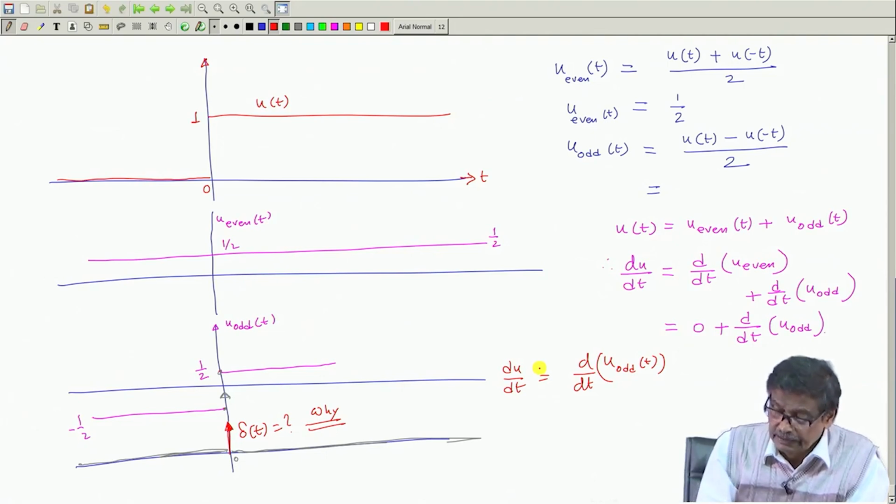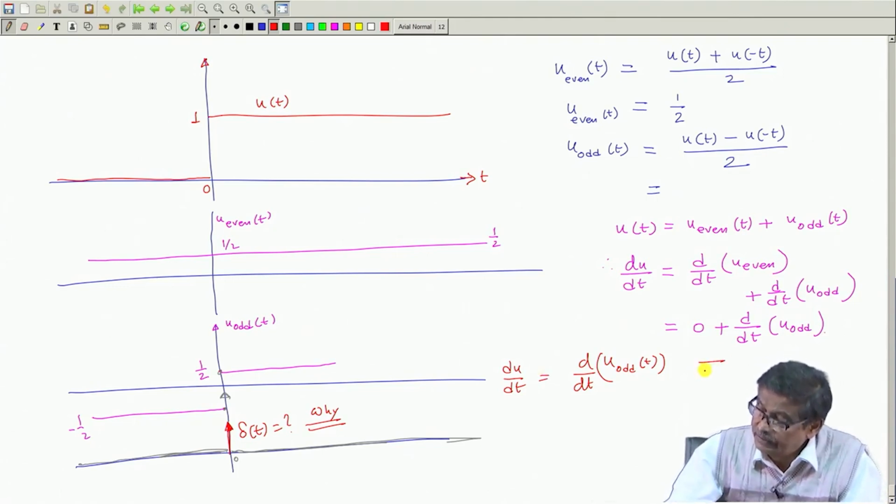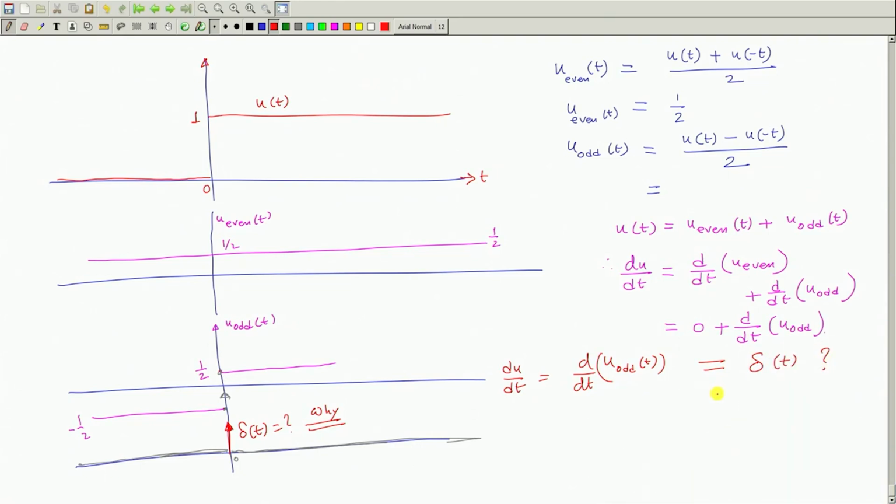This is the thing I have got. Now, I am telling that this will be equal to a unit impulse, although I have not proved it yet. Is it correct? Let us see that.